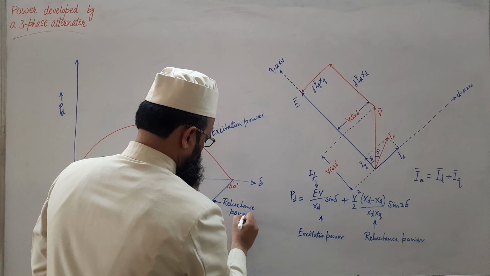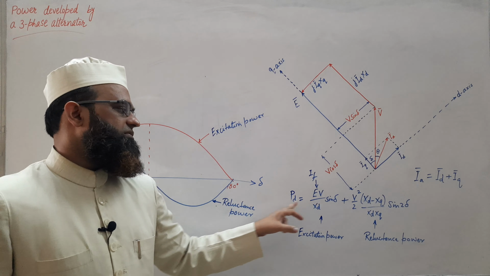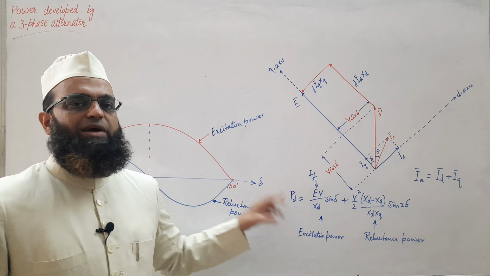So the sum of these two powers, excitation power and reluctance power, gives the developed power, basically output power, and then if we add copper loss, that will be the developed power. But here for simplicity we have ignored copper loss, so whatever output power expression we have obtained is now referred to as developed power.